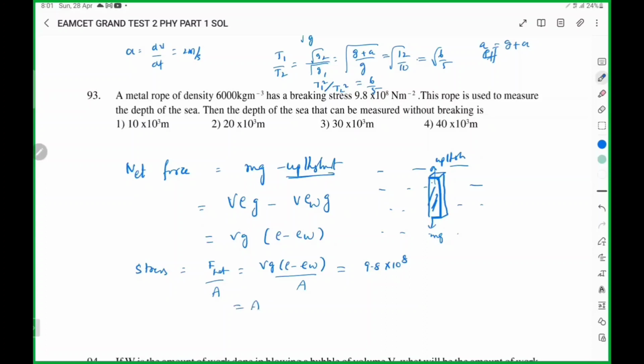Volume is cross-sectional area into length of the rope.